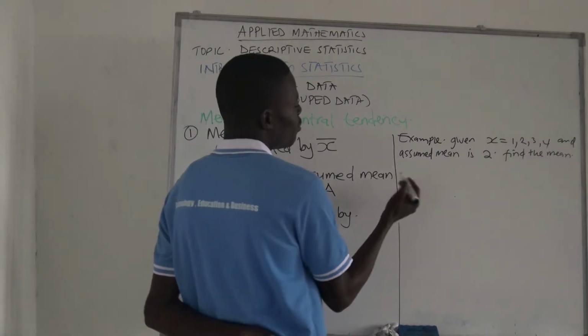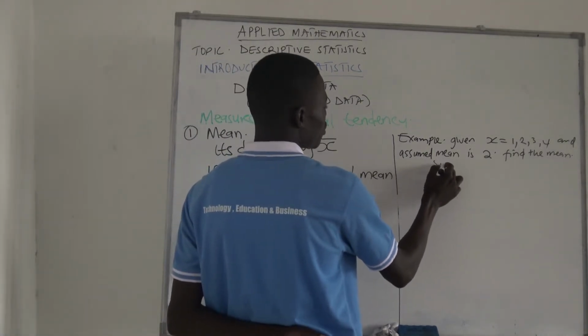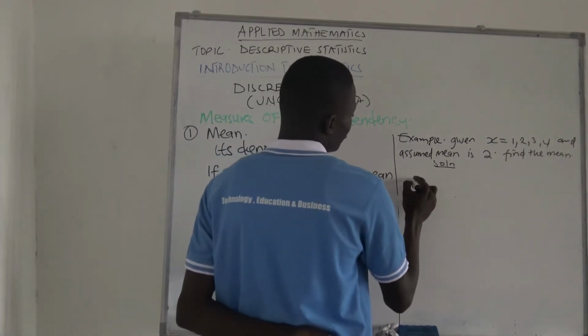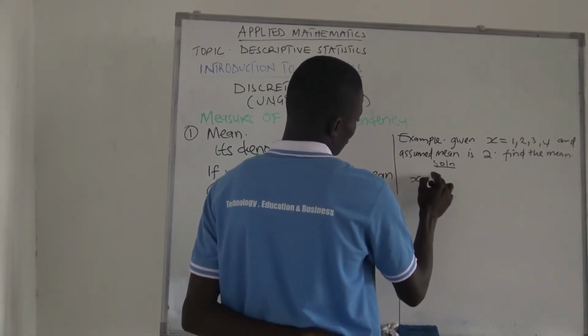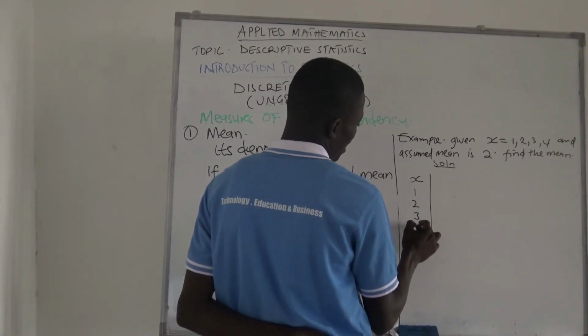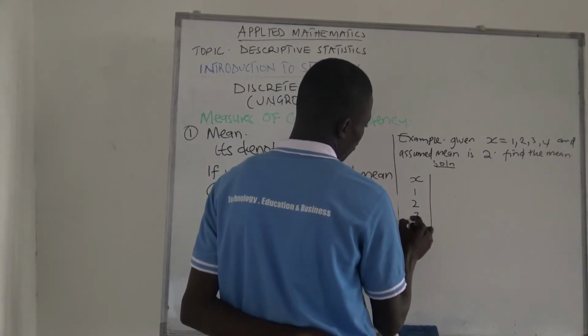So now this one we have a solution. What we need to do, we go to the table having the values of x, which is 1, 2, 3, and 4.